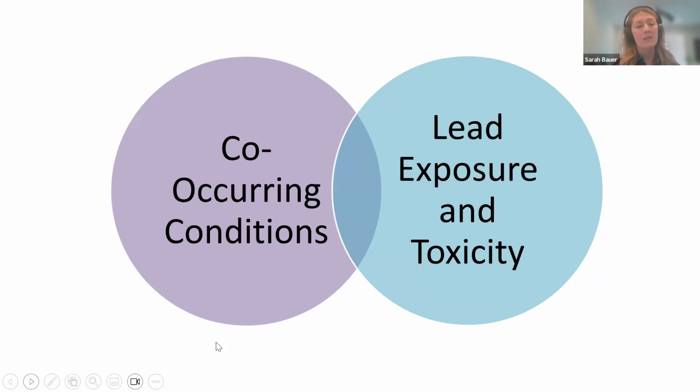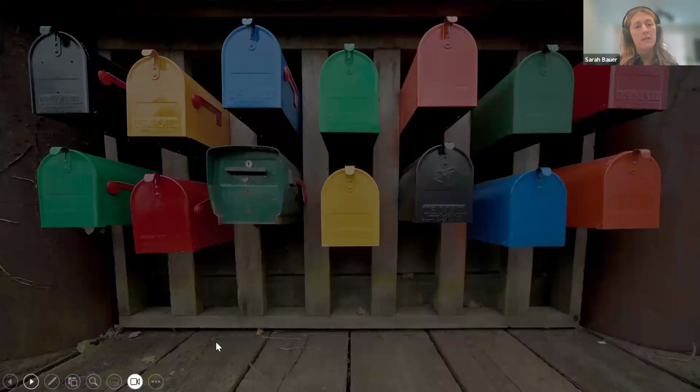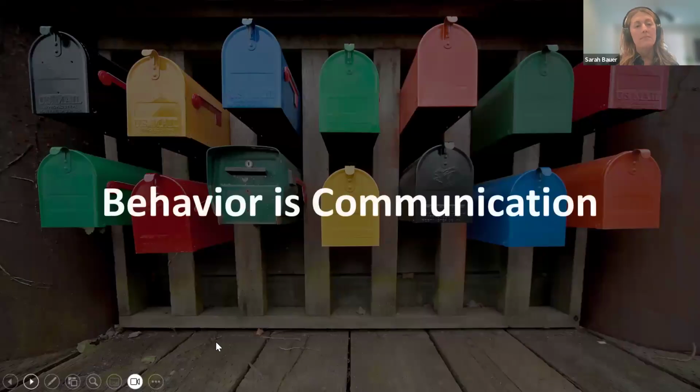I think we have to think a little bit more deliberately about this, recognizing that the co-occurring conditions that are higher in kids with developmental differences overlap with the symptoms of lead exposure and toxicity. I think I've brought this point home.